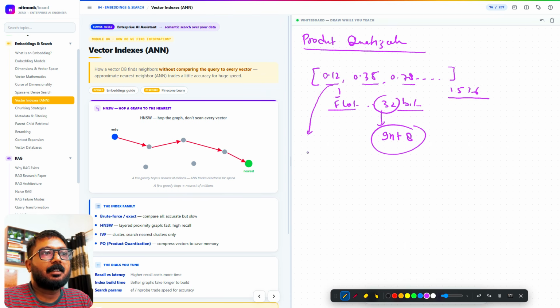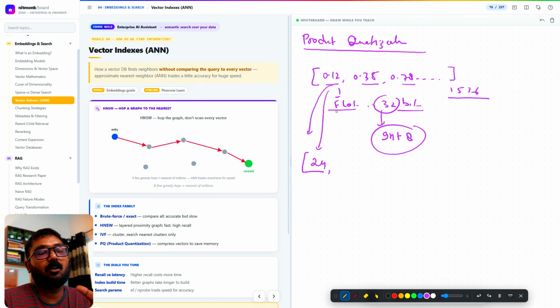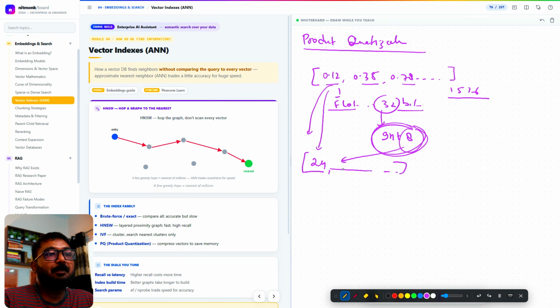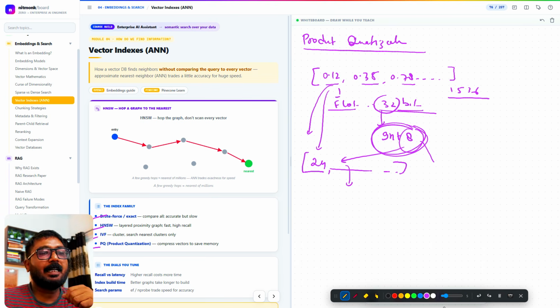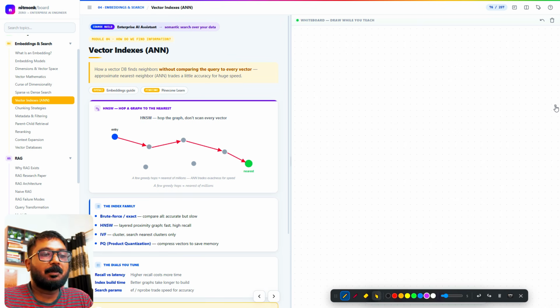Can we write these numbers in a similar kind of vector space, but with a smaller bit representation? Once the bit representation is smaller, the vector will be similar and the meanings will be similar, but the memory use becomes smaller because we are using int 8, not 32-bit. That's why they use product quantization. So I hope you are still following my point.